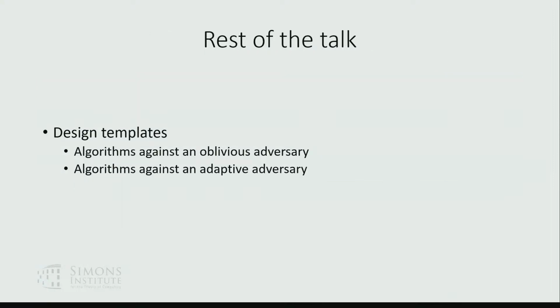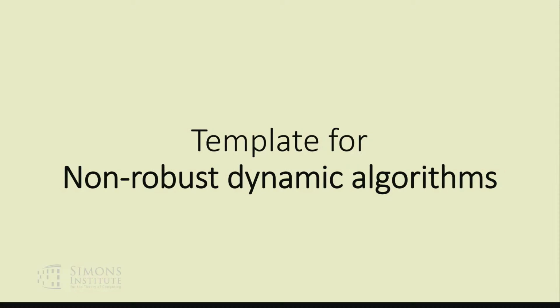But for the rest of this talk, I want to give you some templates of how people design algorithms that exploit an oblivious adversary, and how to design ones that work against an adaptive adversary. Okay, so let's start with the oblivious adversary one, the non-robust one.